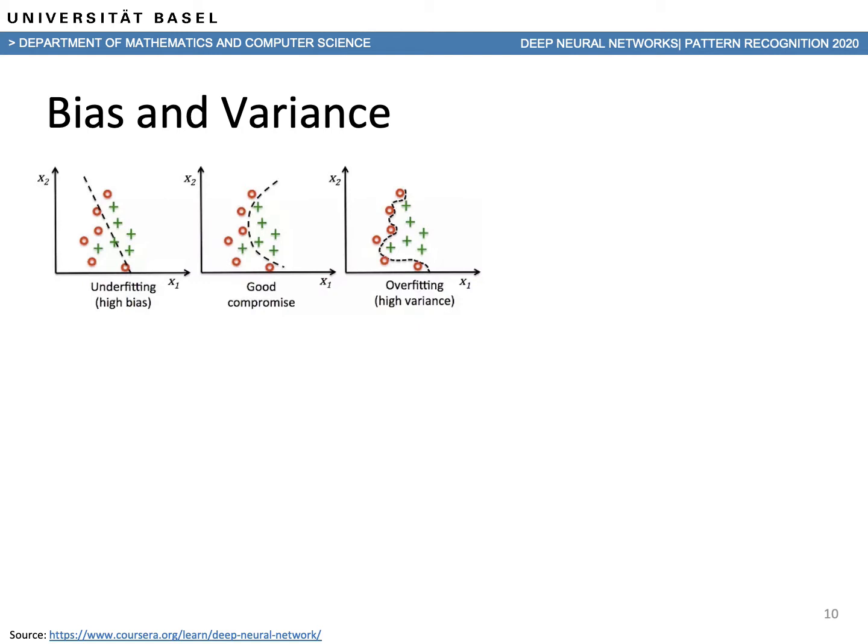Overfitting, which is the one to the right here, where you are essentially able to classify maybe everything correctly in your training set, but you've often failed to generalize well enough on your test set. And then there is something which we are trying to strive for, which is the good compromise, the thing just in between, where we might still have some error on our training set, but it's generalizing much better to the test set.